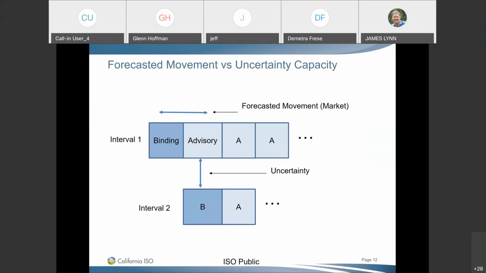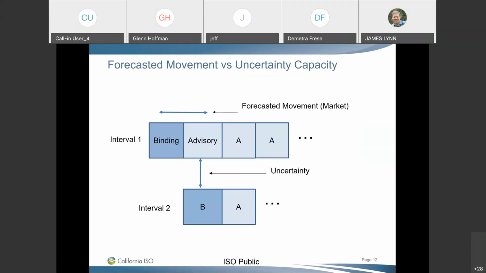So if I'm in hour ending 1 and the market has done its optimization, it's going to give you a binding award, but it's also going to give you several advisory awards, because this resource that I've given the award to may, based upon its bid, have the ability and be economically viable to go from 100 megawatts to 150 megawatts by the third advisory interval.